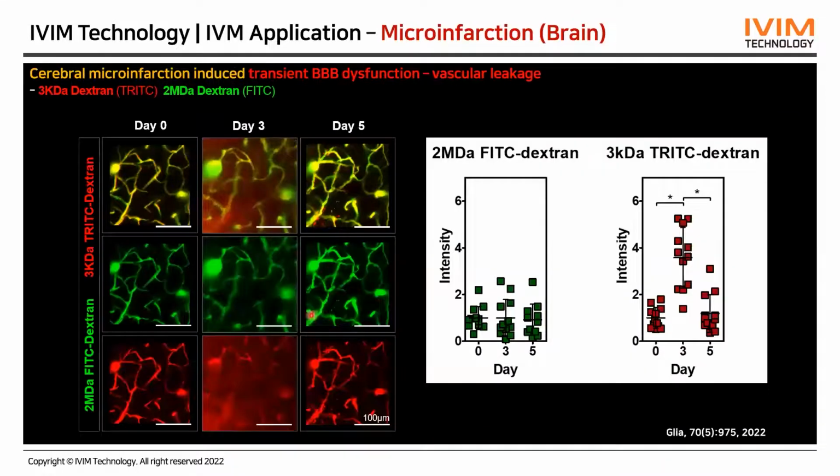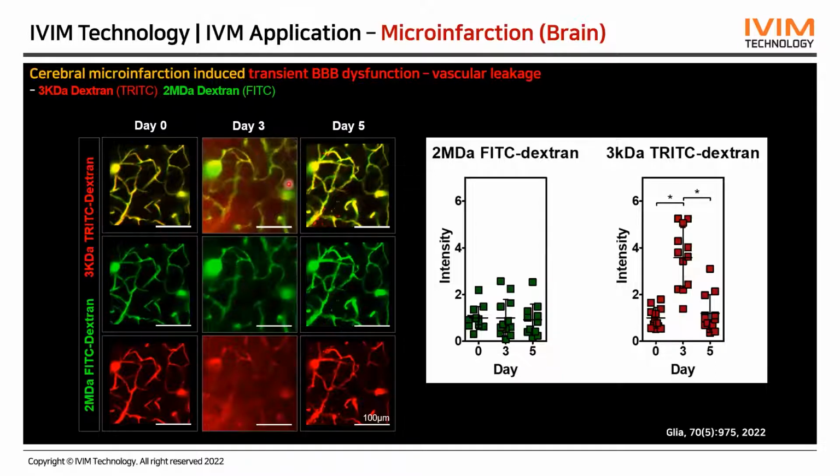To examine the impairment in cerebrovascular perfusion and leakage, longitudinal imaging of the blood flow was performed for 5 days after infarction. The blood flow was visualized by IV injection of different sizes of dye, including FITC and TRITC dextran.